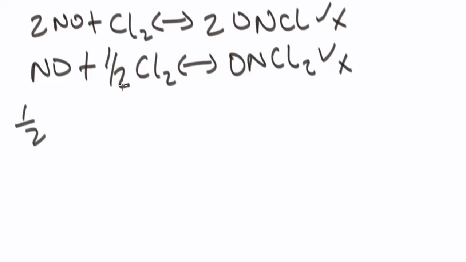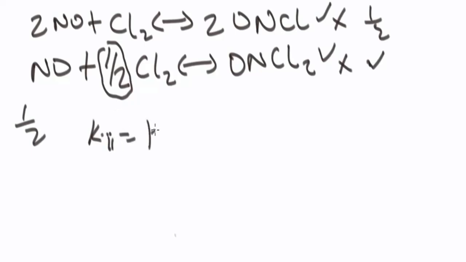This new equation differs from the original equation by this factor. When you multiply everything in the original equation by half, you will get back to this. Therefore, the new equilibrium constant for reaction 2 will be equal to the equilibrium constant for reaction 1 raised to the power of half.